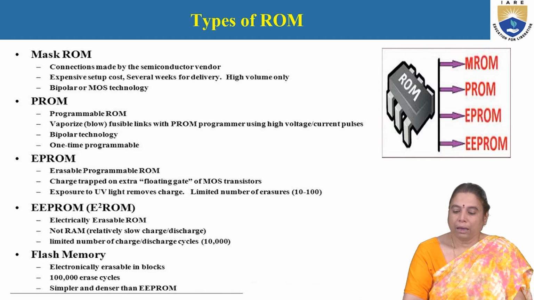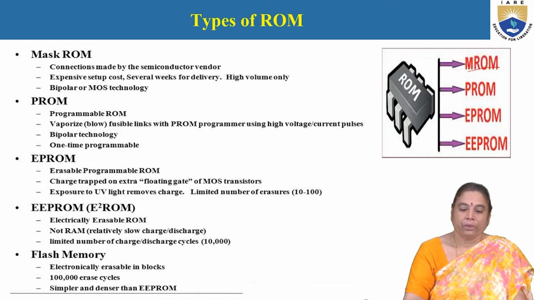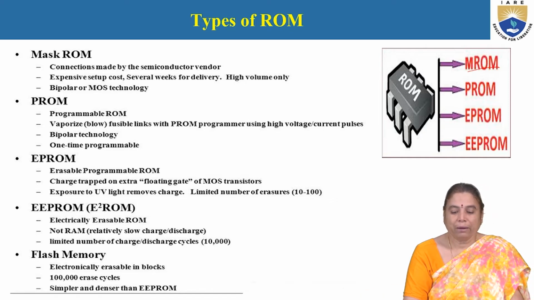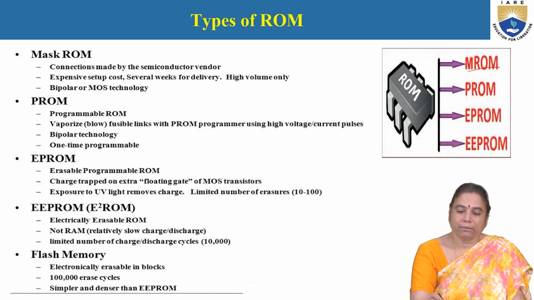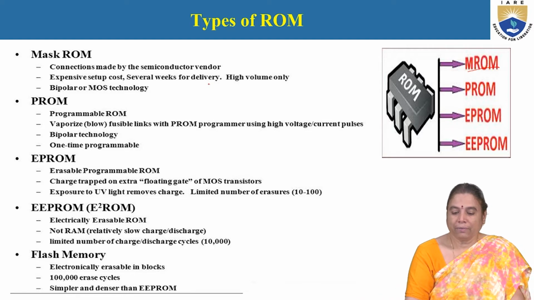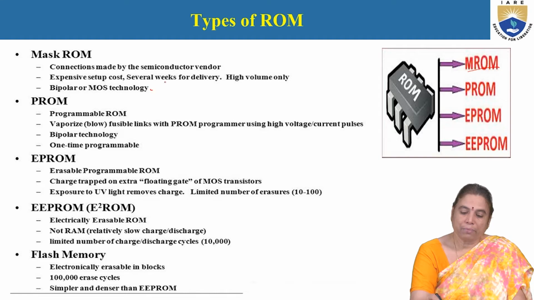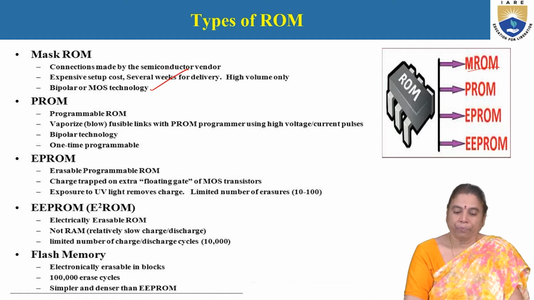What is the MROM or the mask ROM? Here the connections are made by the semiconductor vendors in the case of MROM, and it is expensive and takes several weeks for delivery, high volume only. Bipolar mask technology can be used in the mask ROM. The next variety is PROM, programmable read-only memory.